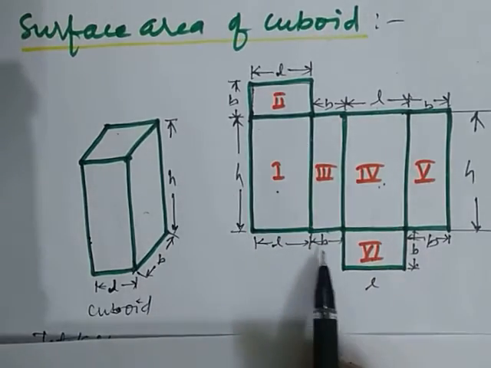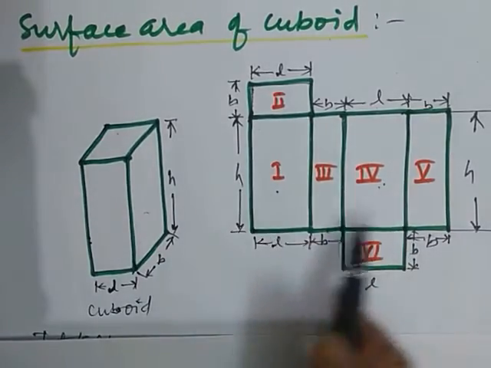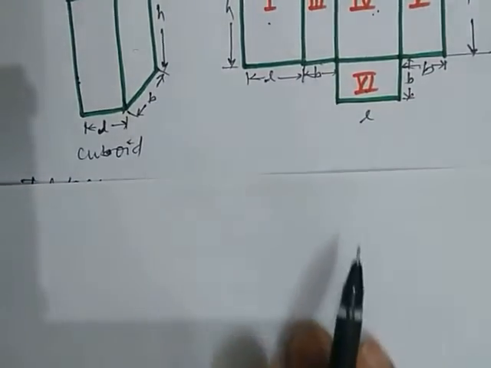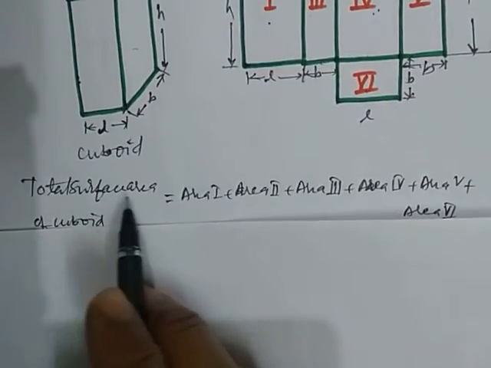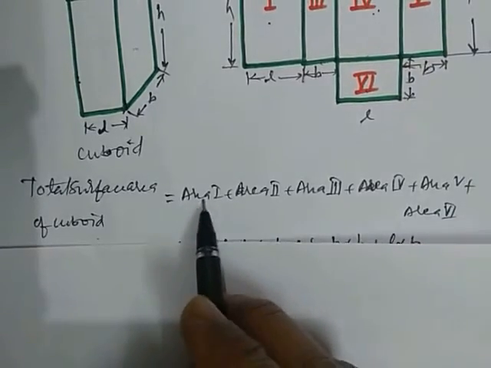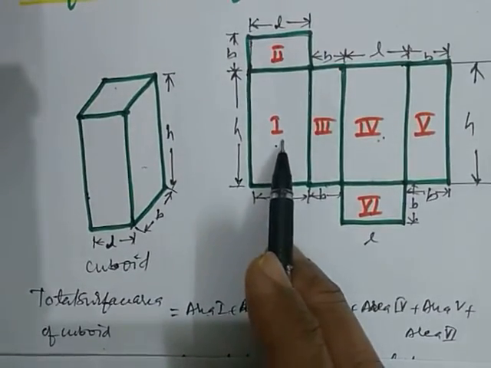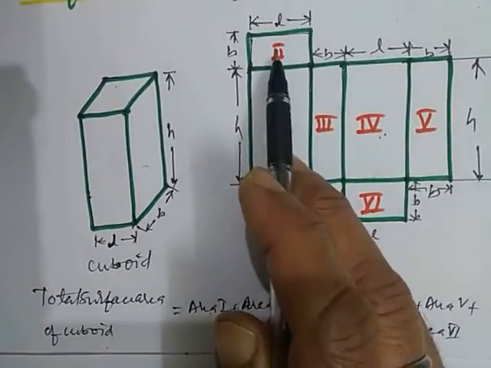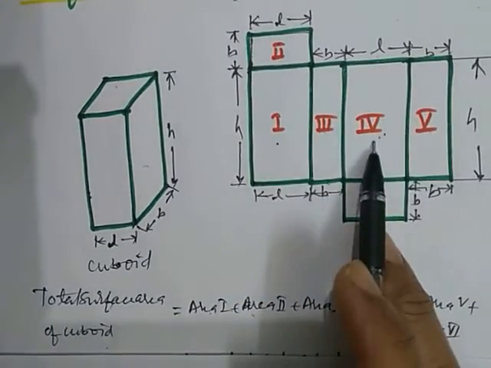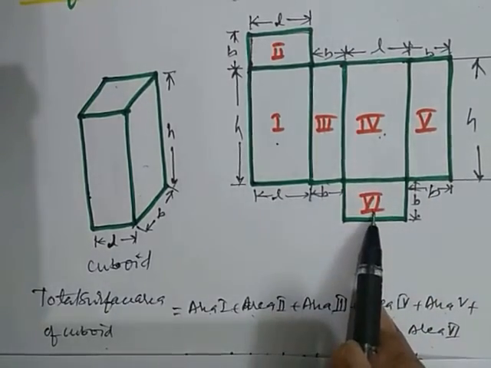Now we calculate the surface area with the help of these six figures. Total surface area of a cuboid is the area of this first face, area of this second face, area of this third face, area of this fourth face, area of this fifth face, and area of this sixth face.